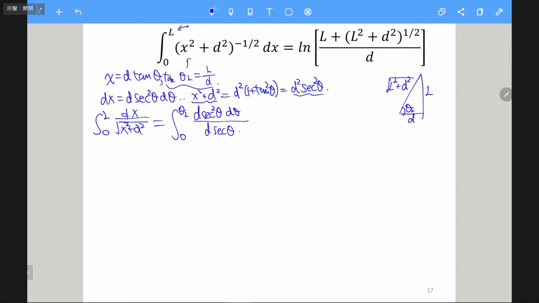Okay, so now we can do some cancellation. d and d can be cancelled. Secant squared and secant can be cancelled.